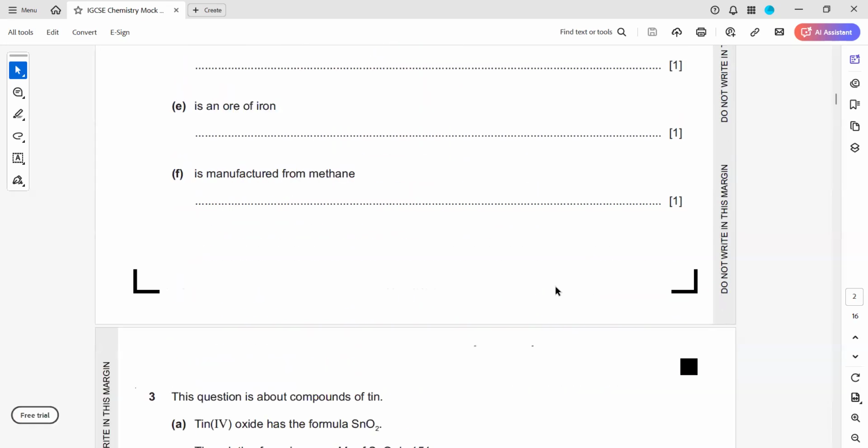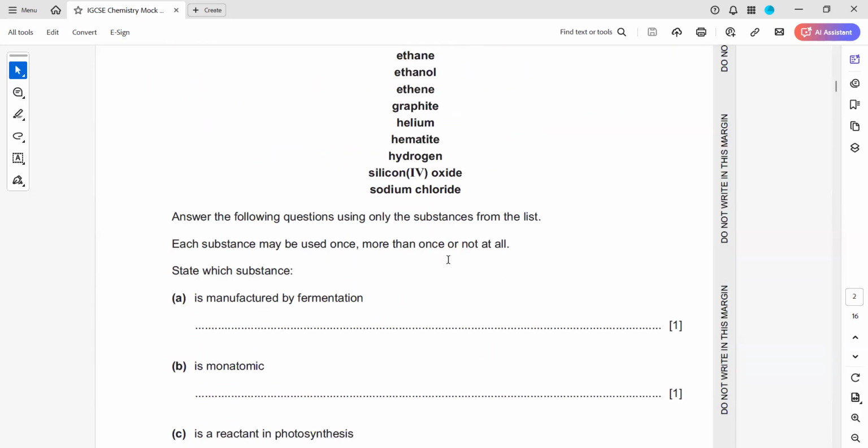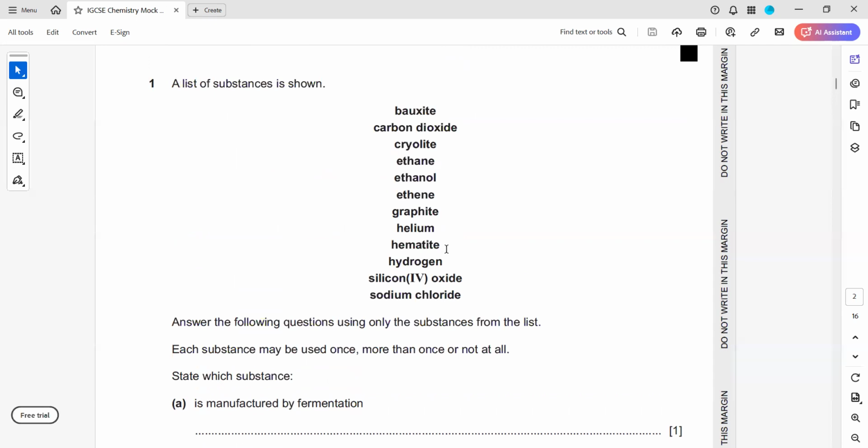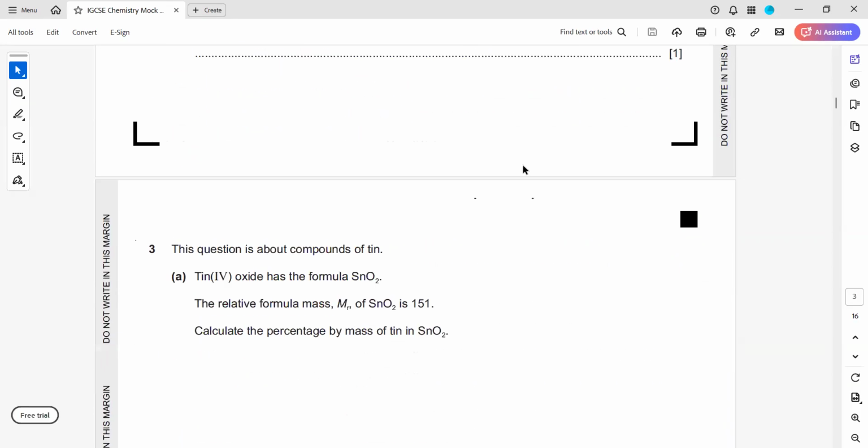Manufactured from methane? No, it is not. In full combustion, it is produced. But the thing is, they ask what is manufactured here. Mainly, when you talk about manufacture, you're referring to an element, not a compound. Because for a compound, it is a process.